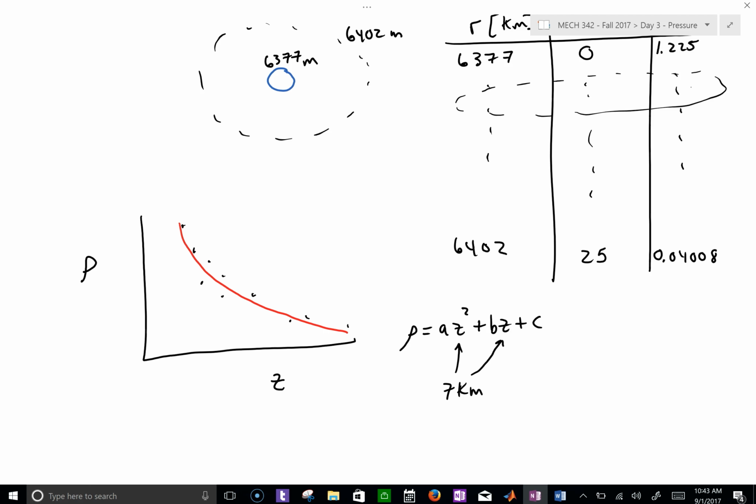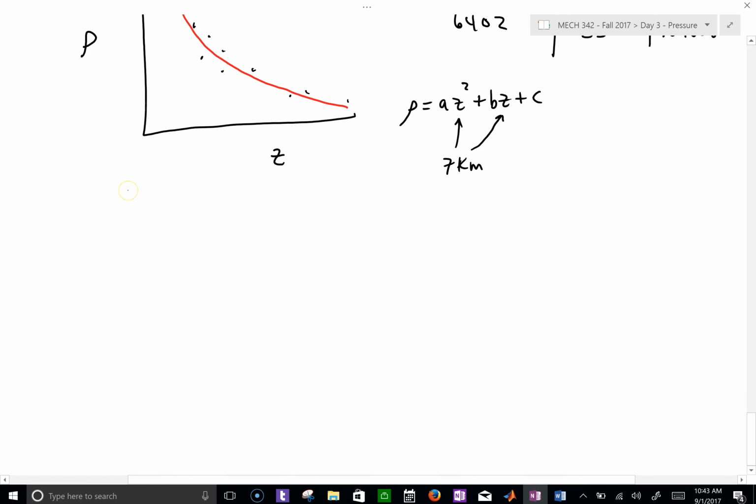Okay, now part B, that's the tricky part. The density changes as we go up, right? If we want to find the mass of something, typically the density is the same in that chunk. So how do you find it if you know the volume? We know the density is mass over volume, so mass is density times volume, right?